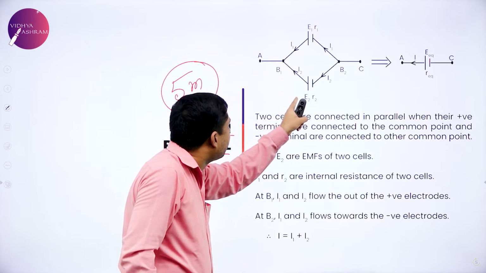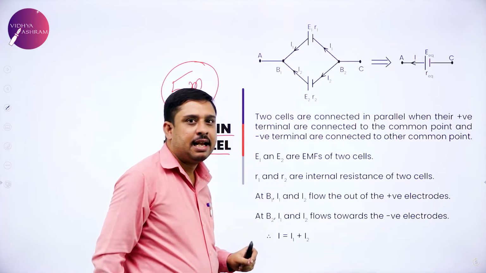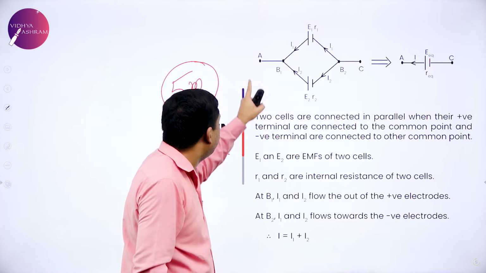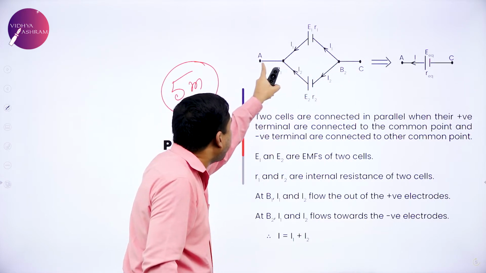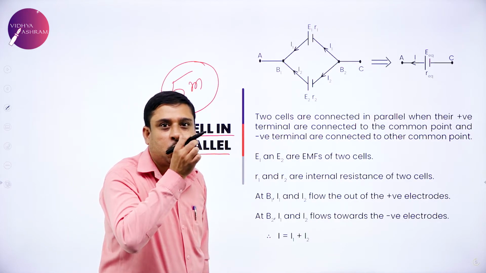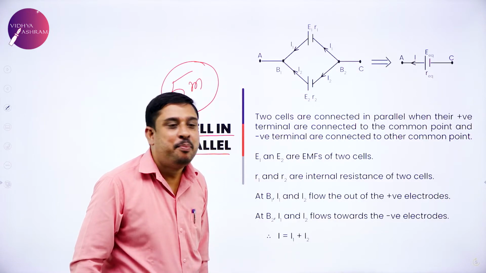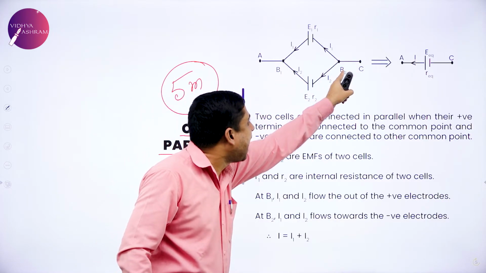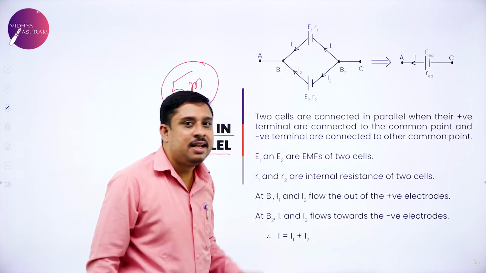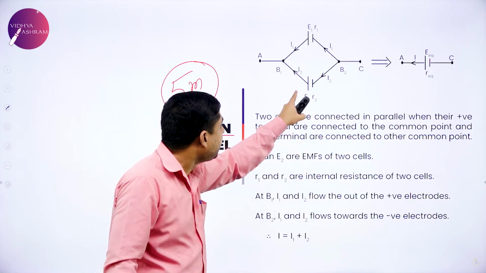Again I say, there are two cells connected in parallel between the points A and C. E1 is the EMF of the first cell.